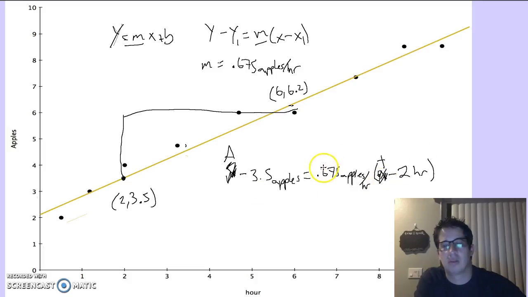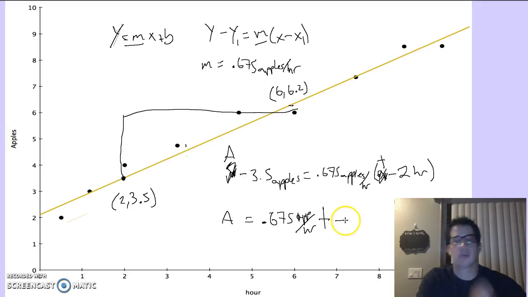And so now we're going to do some simplifying. I'll distribute that. We'll get A equals, I'll add the 3.5 over, 0.675 apples per hour times t minus 0.675 times 2, which is going to be, I believe, 1.35.